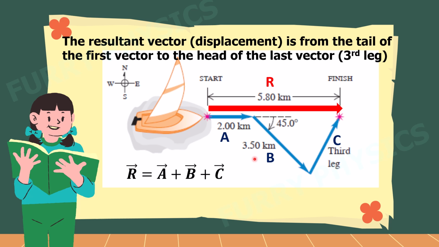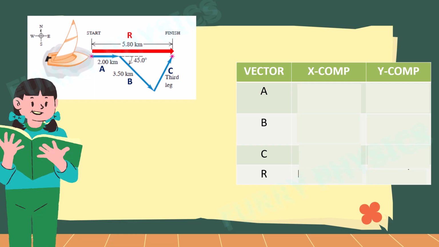Using vector addition, the resultant vector R is equal to the vector sum of A plus B plus C. Again, we use the component method in adding vectors to solve this problem.